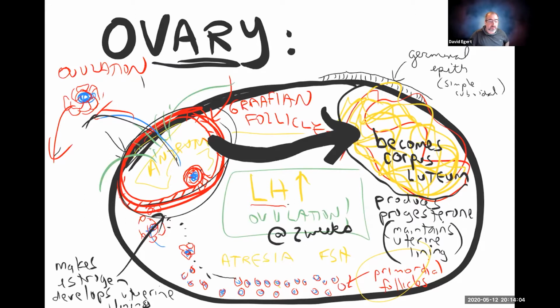We will talk about this in much more detail. The uterine lining, also called the endometrium. All right, so I think we've got the basics of the ovary here.